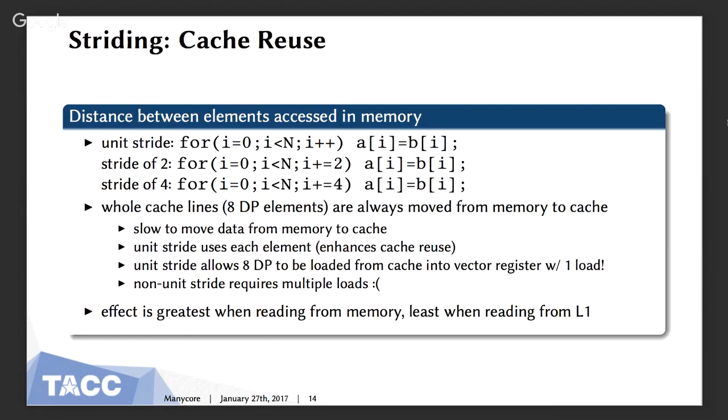Now, if you are using a unit stride, you're using each of those 8 elements that you've brought into the cache. If you use more than a unit stride, then you are only using some fraction of those elements that you brought to the cache. Yeah, and the effect is going to be greatest when you're pulling data in from memory, as opposed to if it all fit in the L1 cache. This doesn't really have that much of an effect on you anymore.